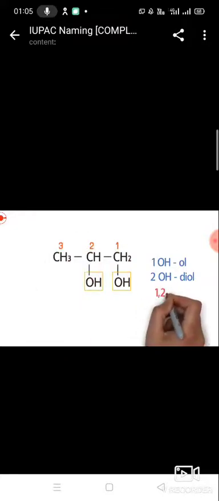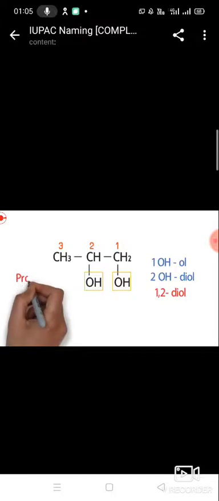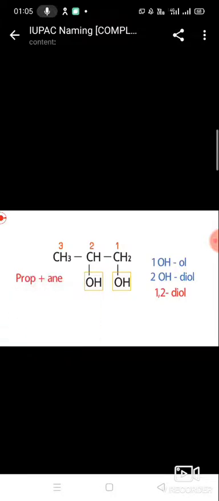So on the first carbon atom OH is present, and on the second carbon atom also OH is present. So 1,2-diol. 3 carbon atoms are there in the straight line. So propane-1,2-diol. The e shows that it's a single bond, and di shows that it is a 2 alcohol group.